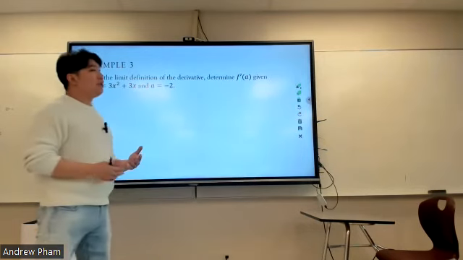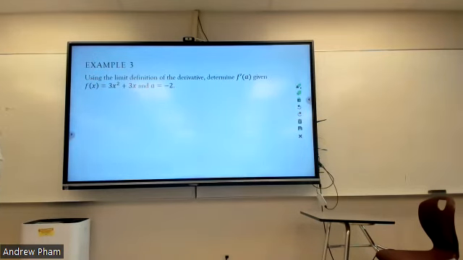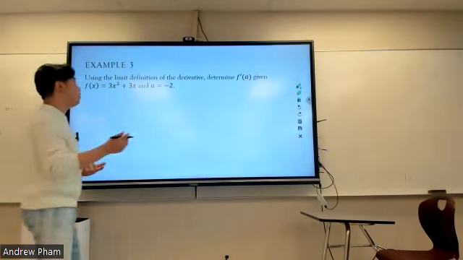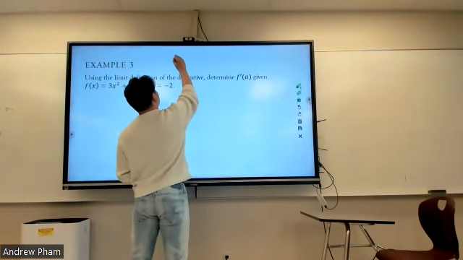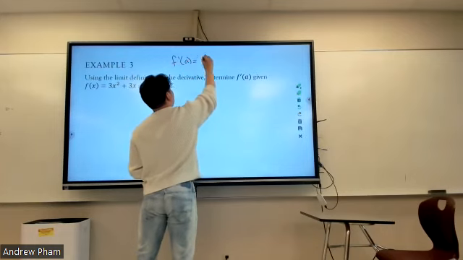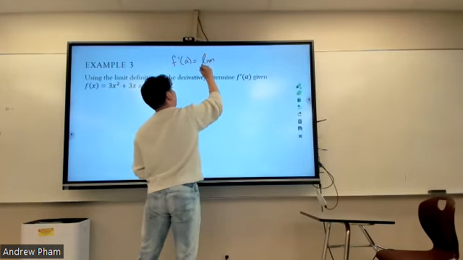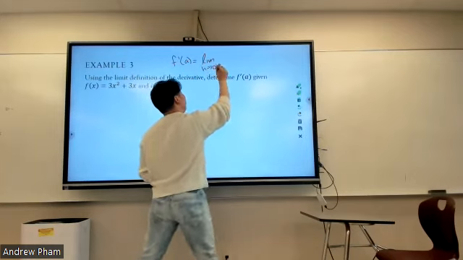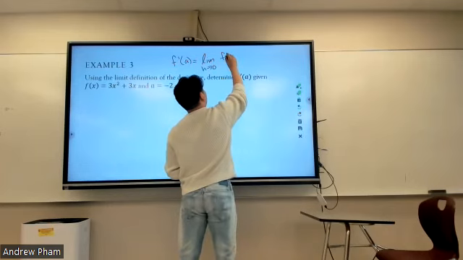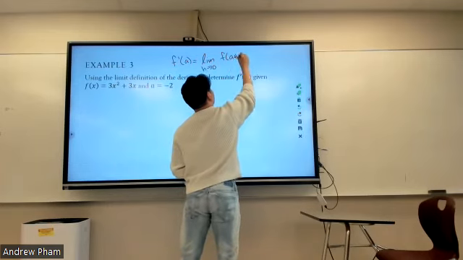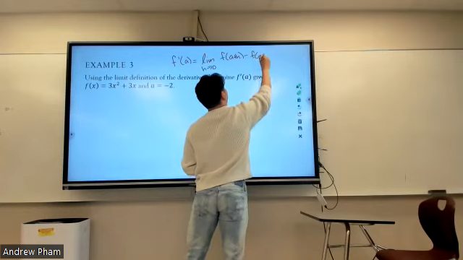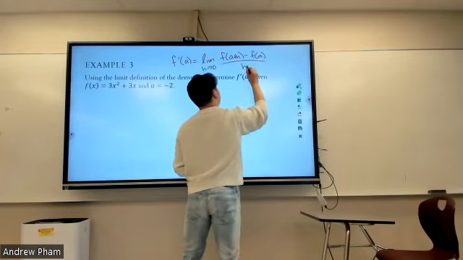All right, so if I want the derivative f prime of a, I need to recall that limit definition that I had on the screen a little bit earlier, and what I asked at the beginning of class. Again, f prime of a is equal to the limit as h goes to 0 of f of a plus h minus f of a, all over h.